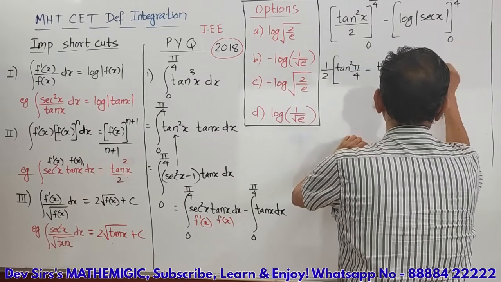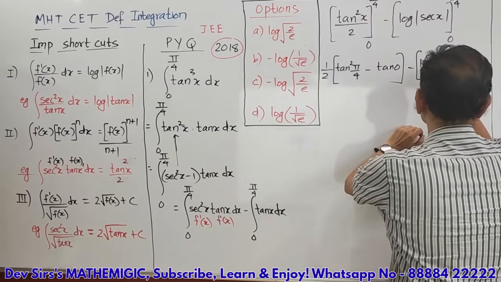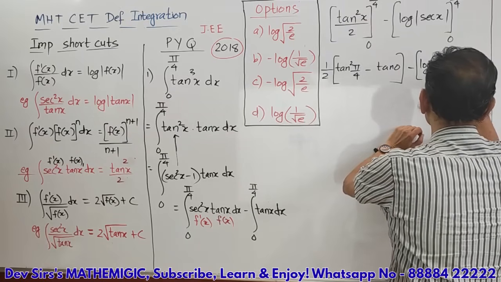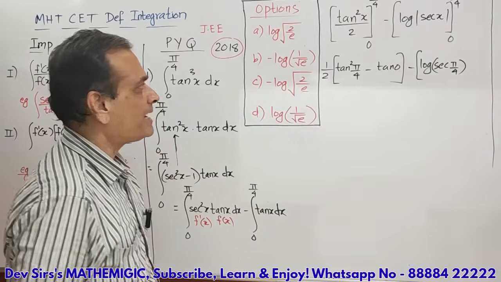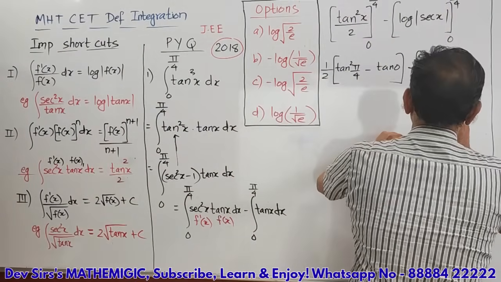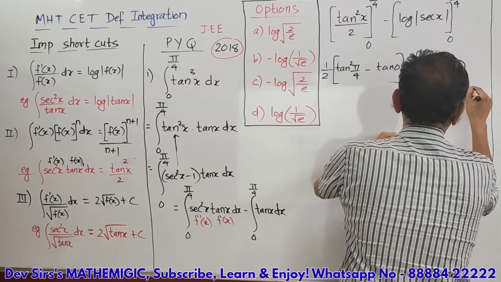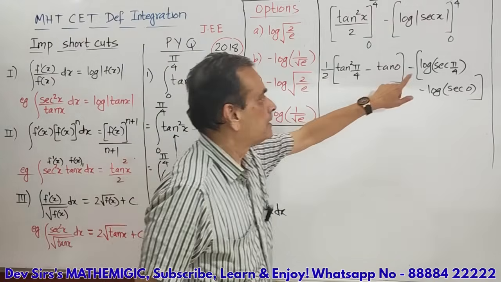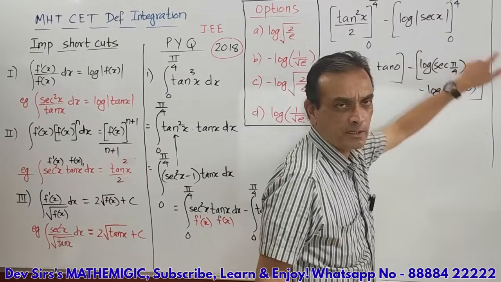Function वैसा ही है, log remains as it is. Only in place of x put upper limit. Log of sec of pi by 4 minus log of sec of 0. Log of sec upper limit minus log of sec lower limit.